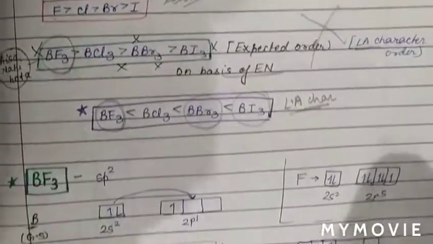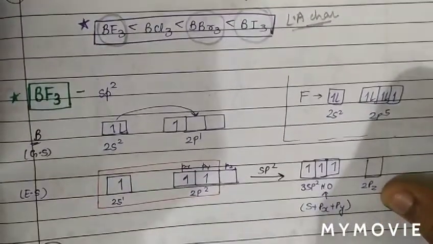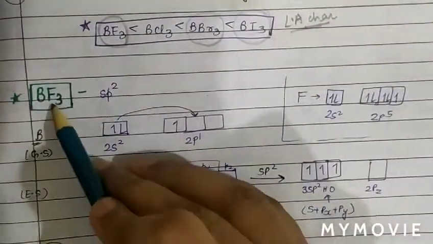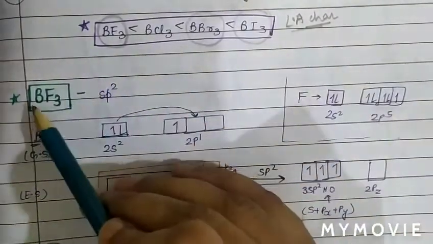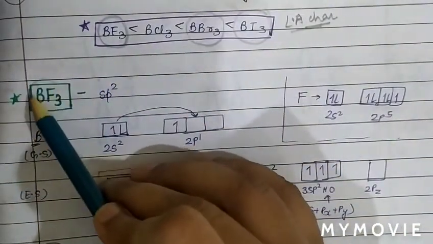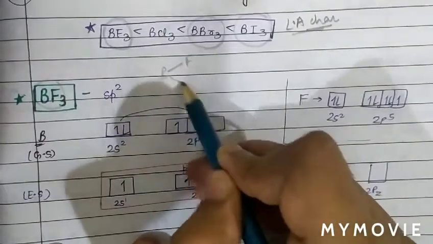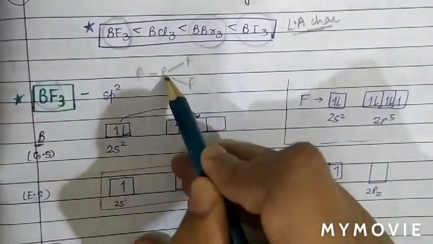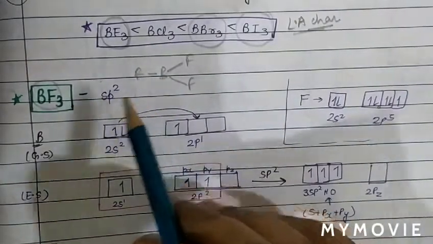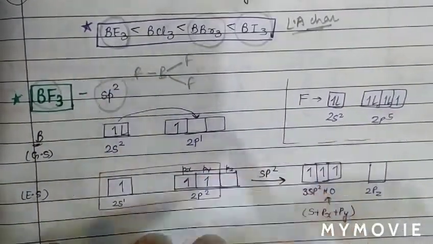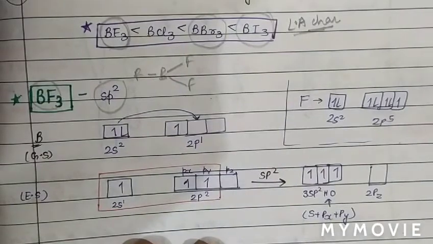See, as we know in case of BF3, there are 3 bonds across boron. So basically when we see boron, fluorine, fluorine and fluorine, there are 3 bonds. So the hybridization of boron is sp2.